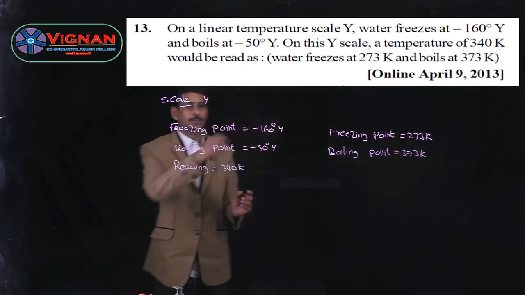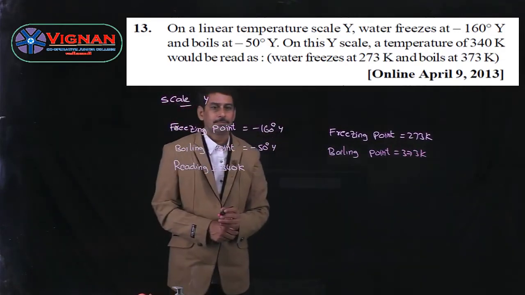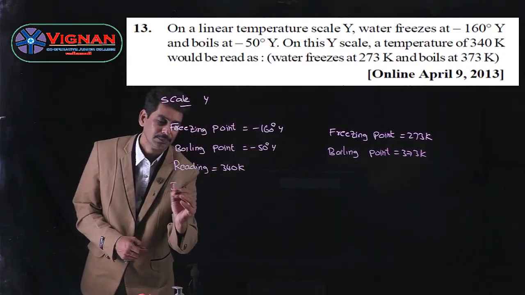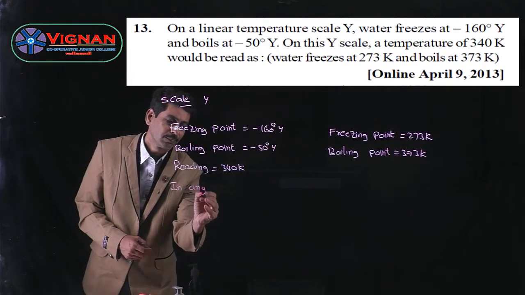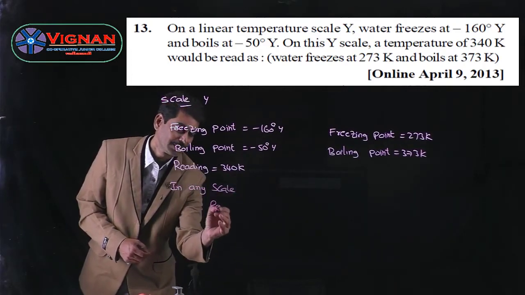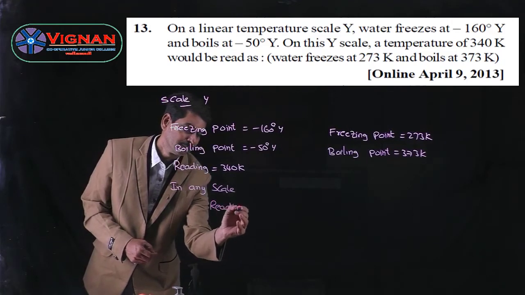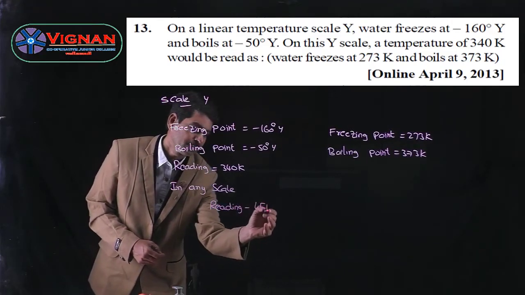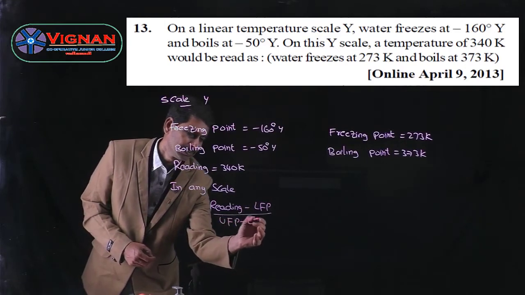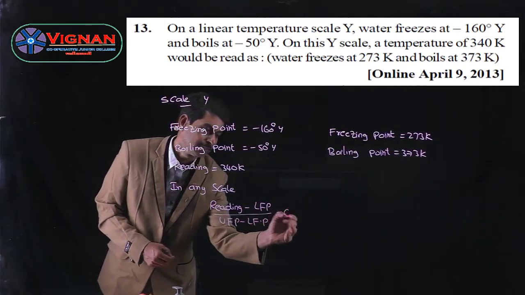So there are two different scales, and we know in any scale of temperature, reading minus lower fixed point divided by upper fixed point minus lower fixed point is constant.